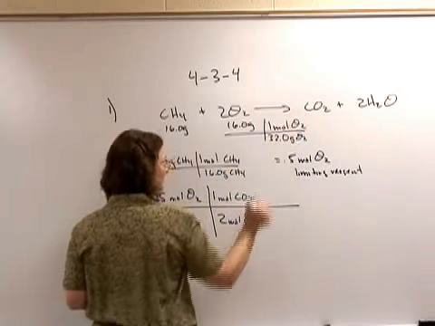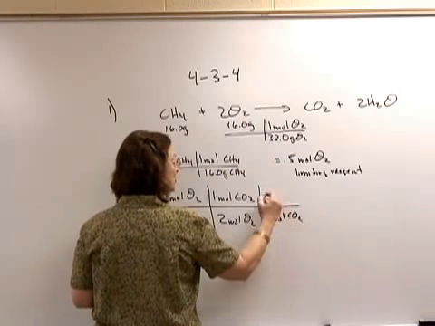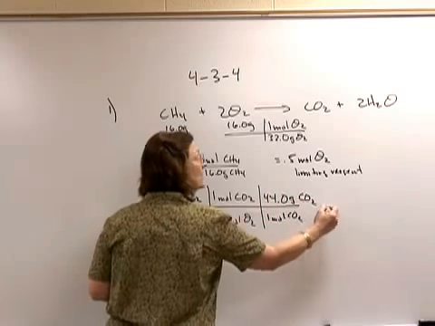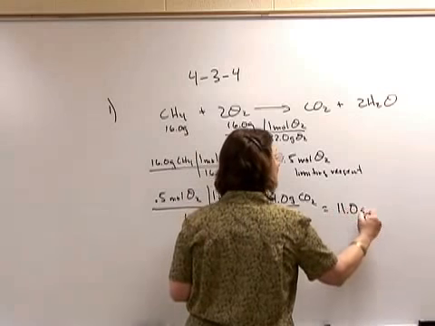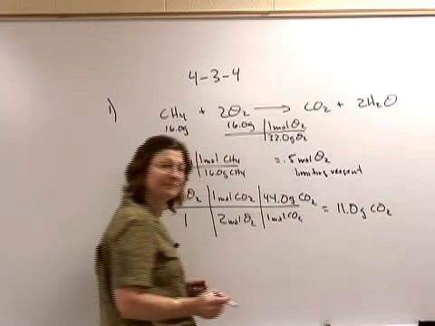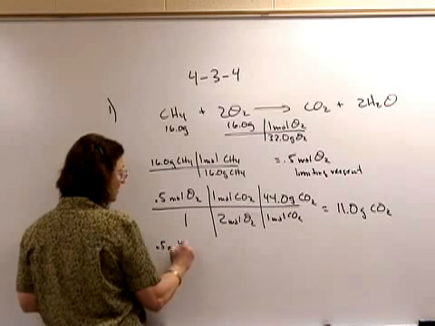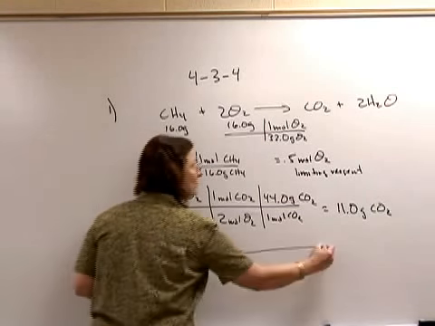Well, I'm already at moles, and 1 mole of carbon dioxide is to 2 moles of oxygen. The coefficient here is 2 to 1. And then I change my moles of carbon dioxide back to grams, and there are 44.0 grams of carbon dioxide in 1 mole. And therefore here I get 11.0 grams of carbon dioxide.